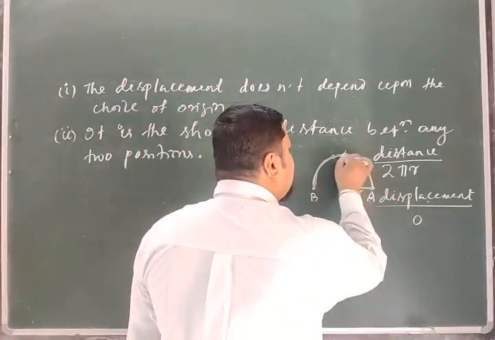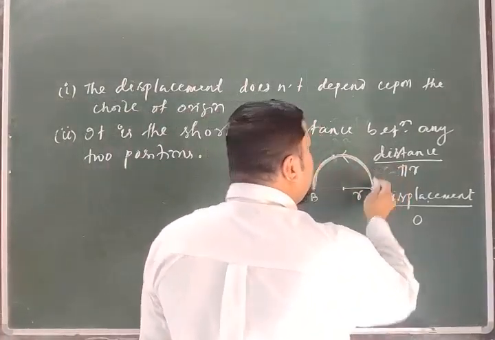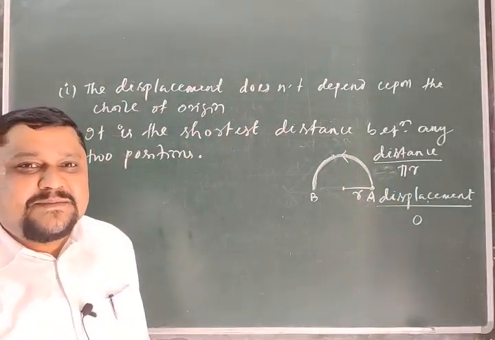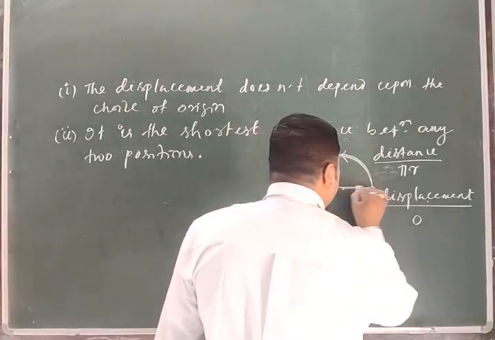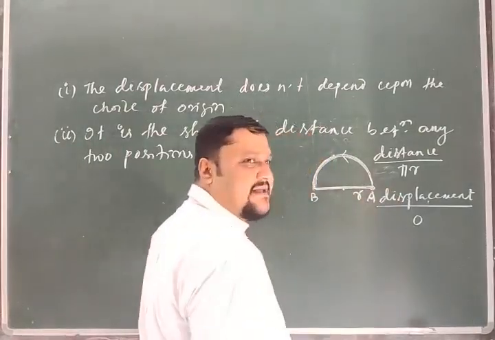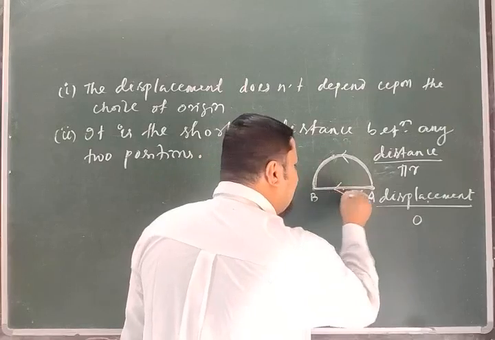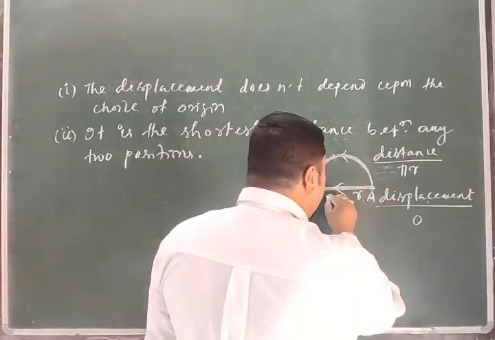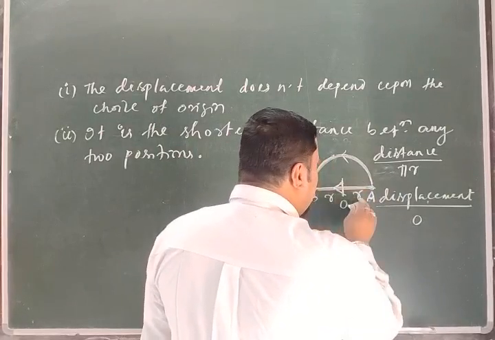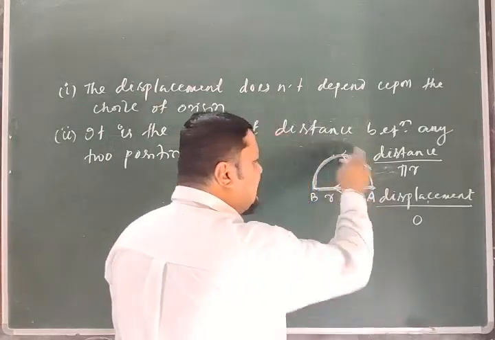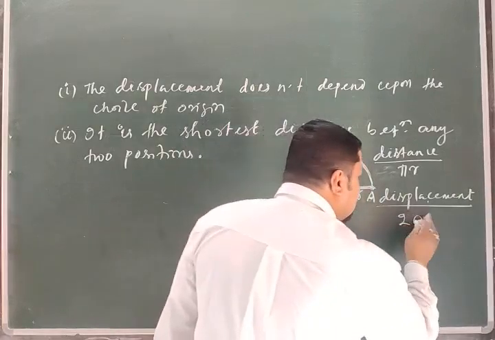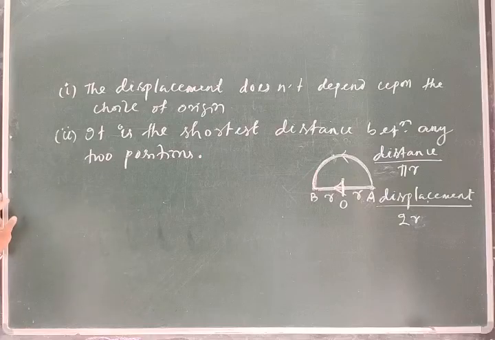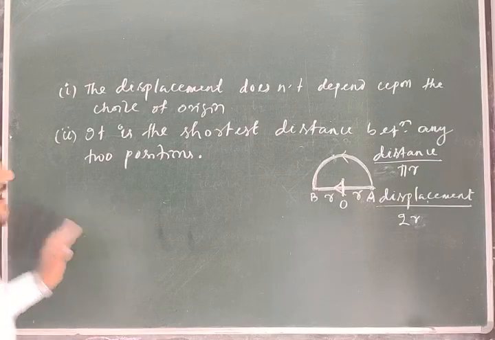The distance is this path from A to B, so it is pi r, half of the circumference. And what is the displacement? This is the shortest distance from the initial to the final, directed like this. So the displacement is equal to r plus r, which is 2r. So this is the shortest distance between any 2 positions of a particle.